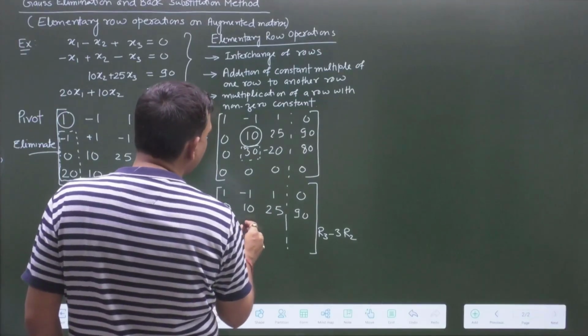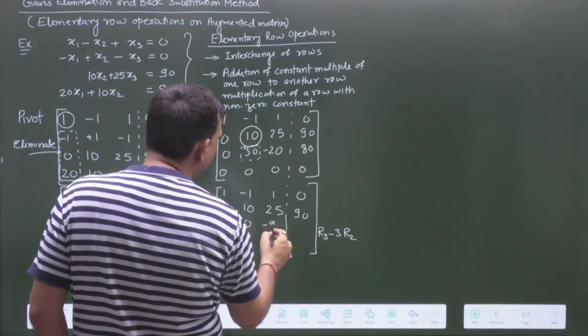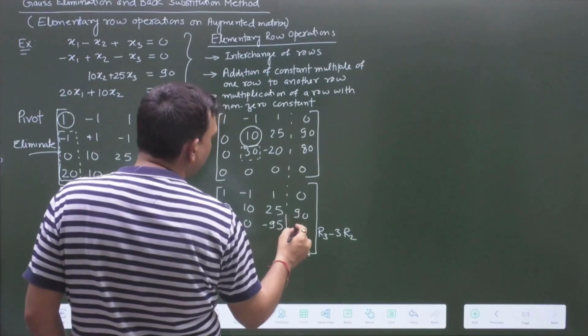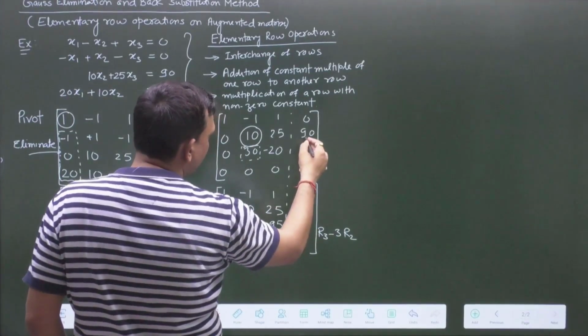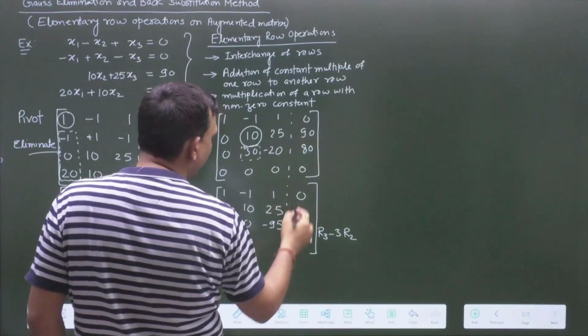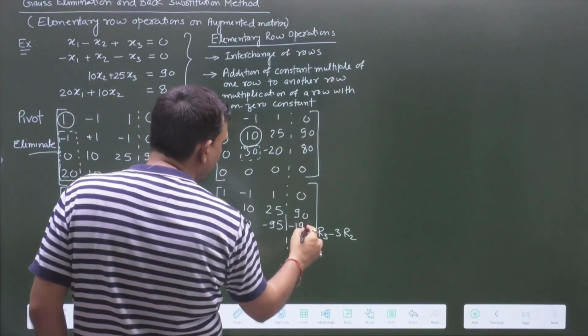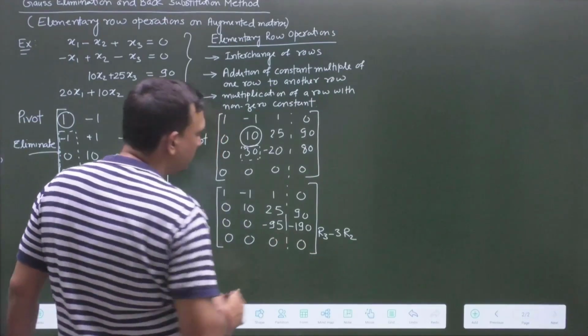This is 0, and this will be minus 95, minus 190. 0, 0, 0. So this will be the situation.